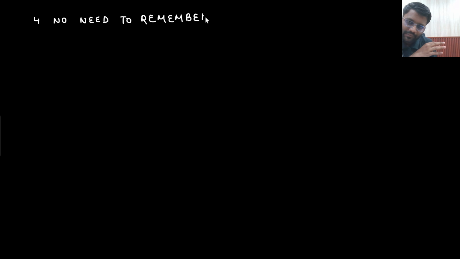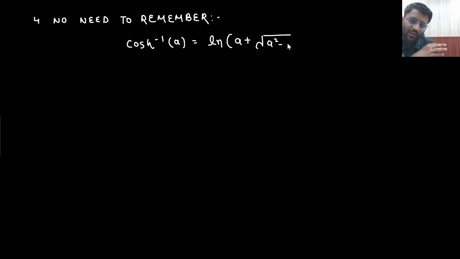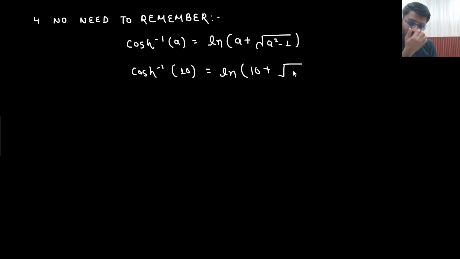The relation is: cos hyperbolic inverse A is equivalent to ln of a plus under root a square minus 1. So what will be your cos hyperbolic inverse tan? That is equivalent to ln of tan plus under root tan square, that would be 100, minus 1, 99. That's the answer.